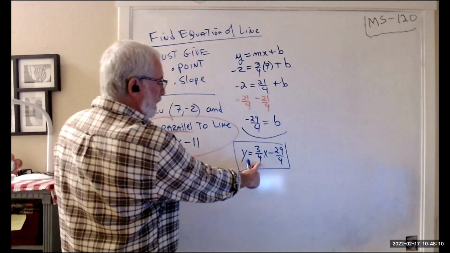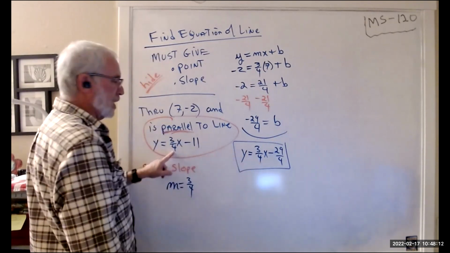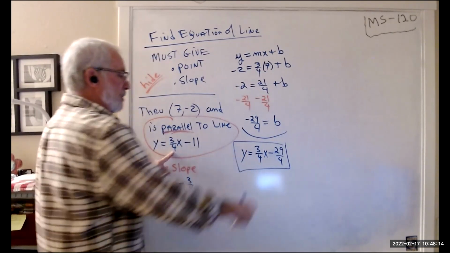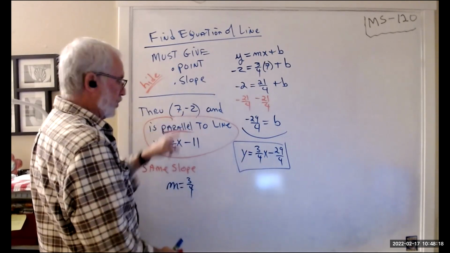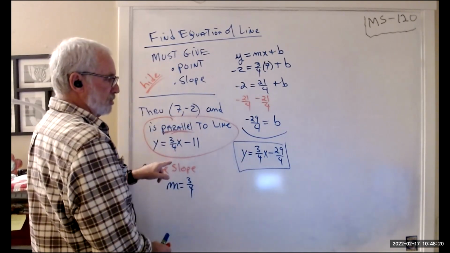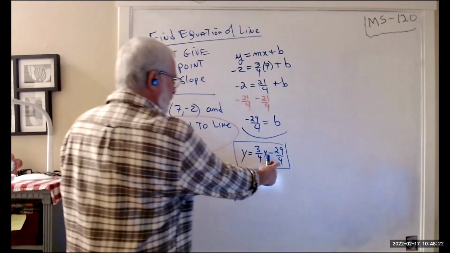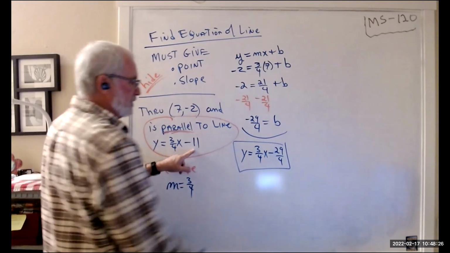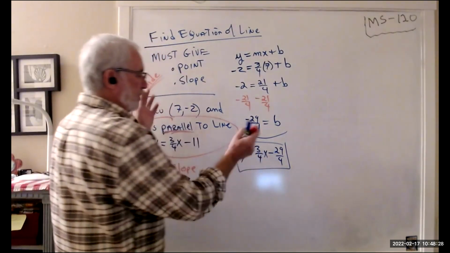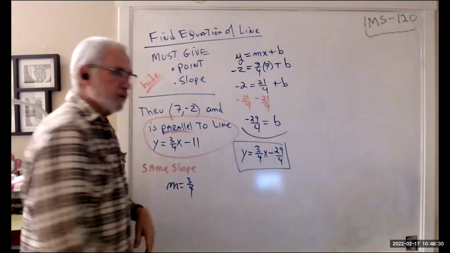My new line has the same slope as the old line, but my new line goes through this point where the old line didn't. That's why it has a different intercept. This is a y-intercept of -11. This is a y-intercept of -29/4.